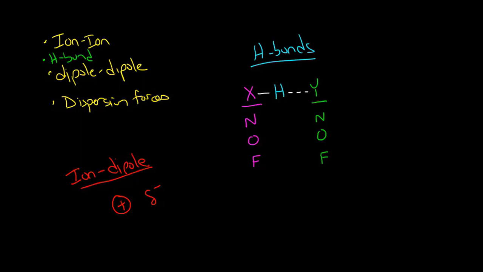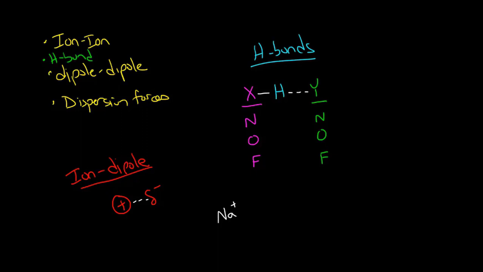The interaction between this positive charge and this partially negative charge is an ion-dipole. A really good example of this would be dissolving salt, like sodium chloride, into water. When sodium chloride dissolves into water, the sodium and the chloride separate, because ion-dipole interactions occur, and they overcome the ion-ion interaction that's experienced by the sodium chloride.